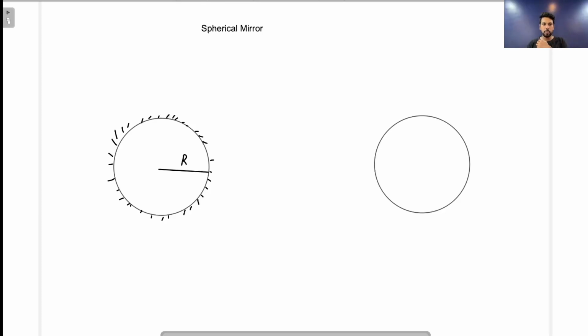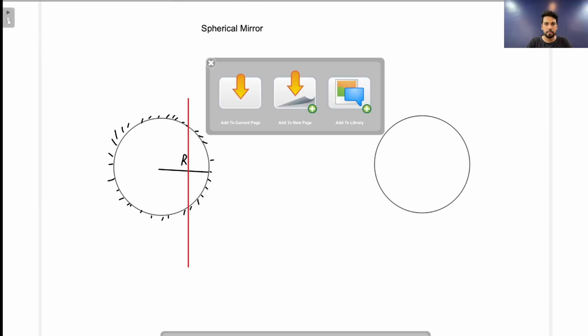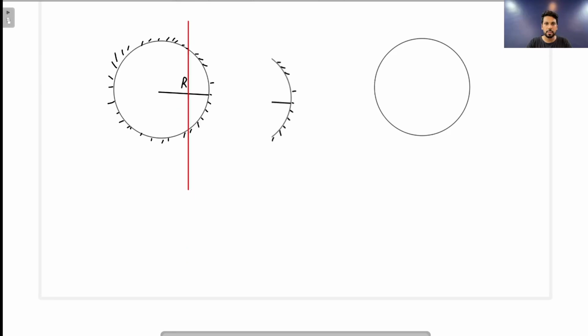Now what I'm going to do here is take a glass cutter and cut it, maybe from here. I'll cut it like this, then I remove this portion and bring it here.